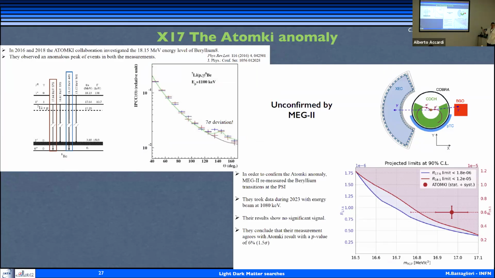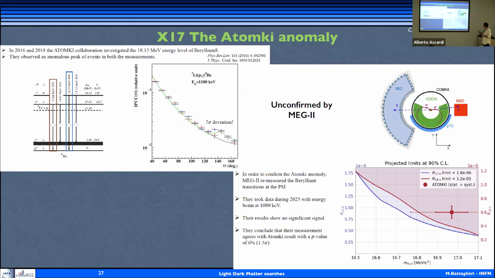Obviously, you can think that there may be billions of different nuclear effects that justify the bump. Actually, experts in low energy nuclear physics did the calculation, and they didn't find any good reason why you should expect a bump there. This low energy nuclear physics is pretty well known, so there is no trivial explanation for that.